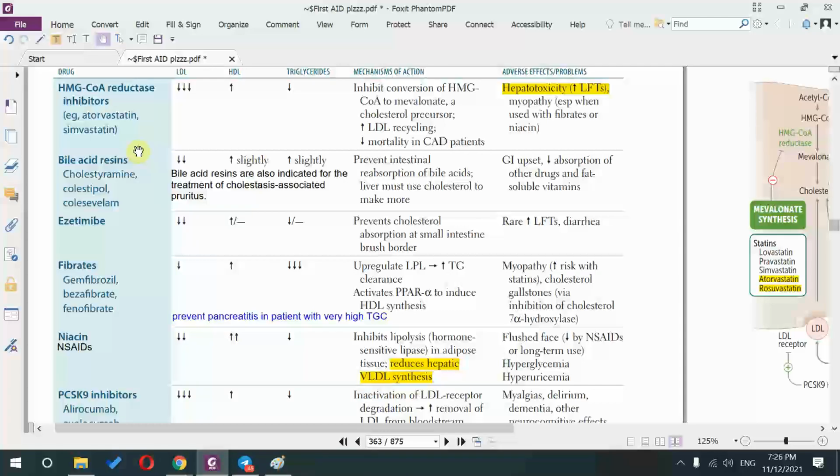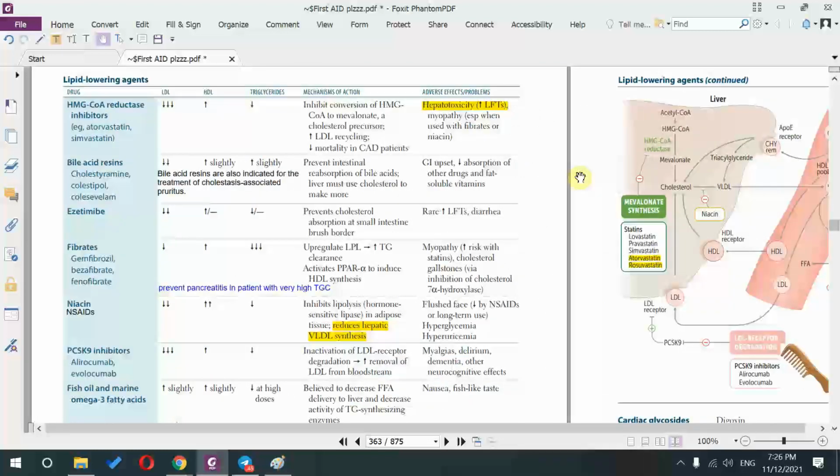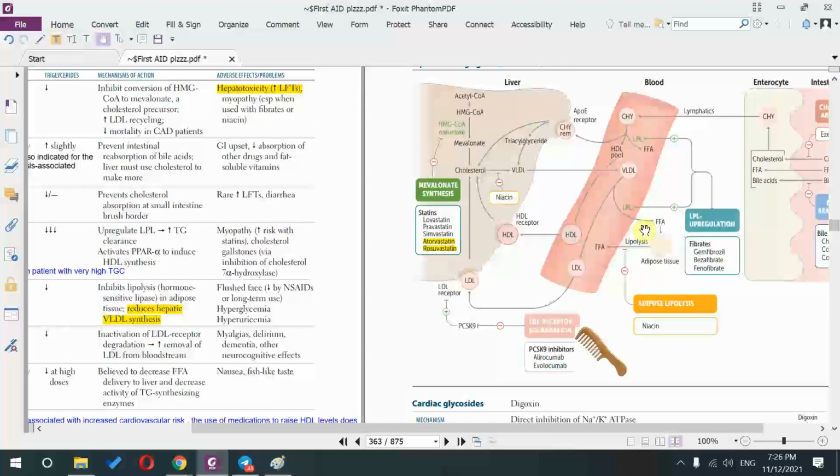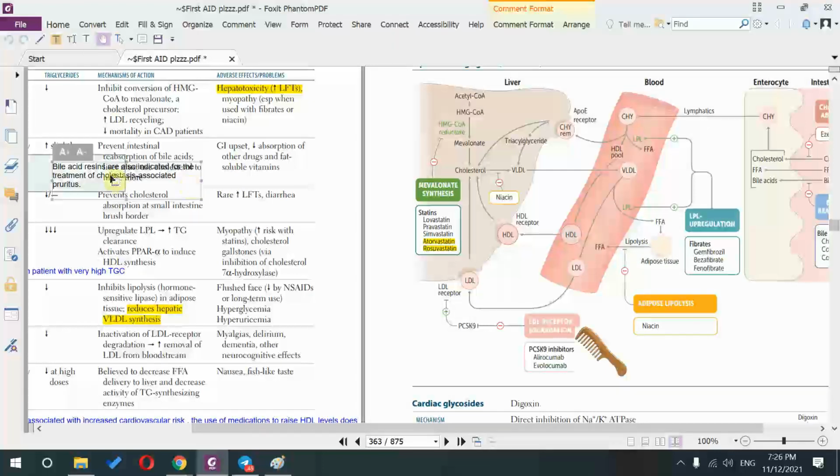Okay, next. So bile acid resins prevent intestinal reabsorption of bile acid. Thus, the liver must use cholesterol to make more of it. Yeah? So where is bile acid made? It's made inside of your liver. And how is it made?